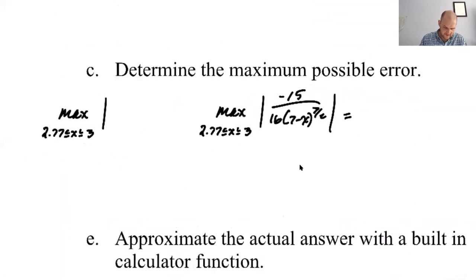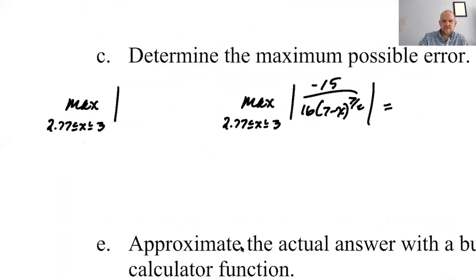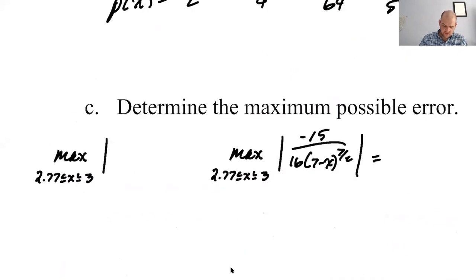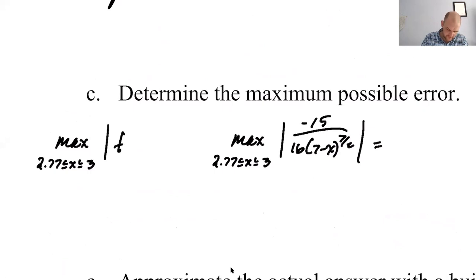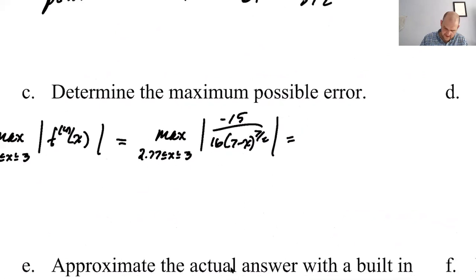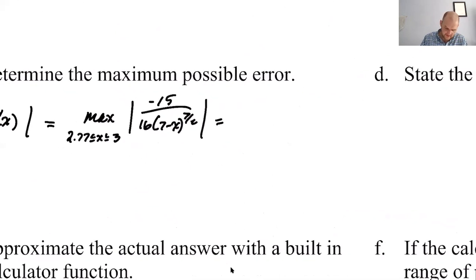We used the fourth derivative, which is, I mean, it's at 3, so I guess we could actually get the exact value and say 15 over 16. So if I plug in 3, I get 4 to the 7. And we're going to use this as m. M is weird in this case.